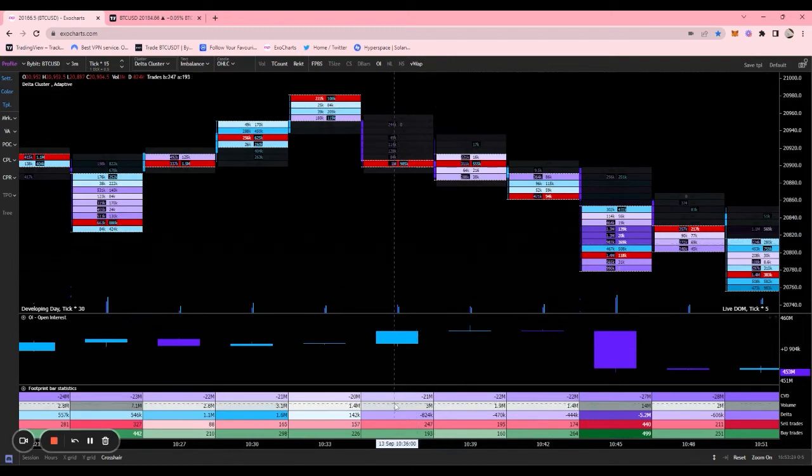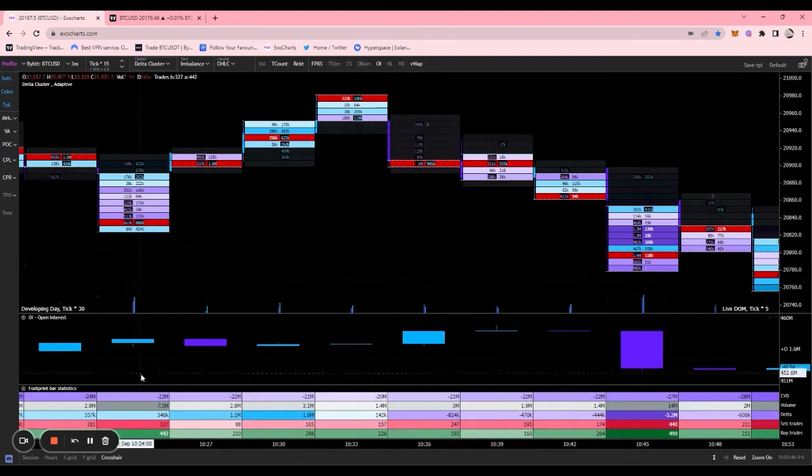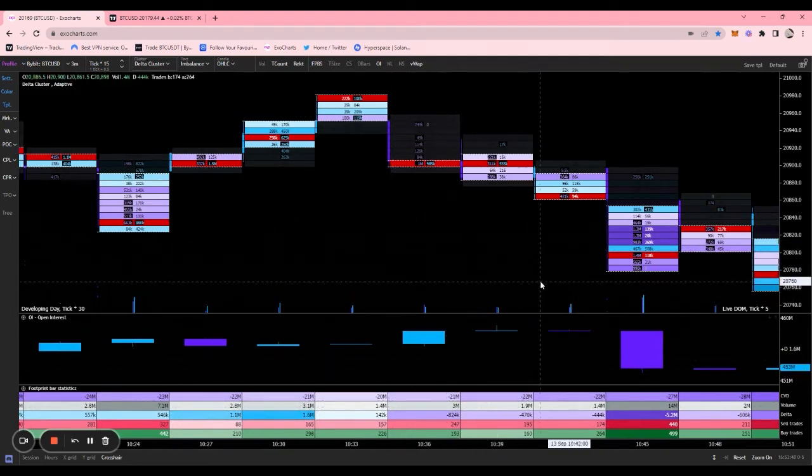Next thing here is typically you want to see more volume within this candle. In this case, it is about 3 million. However, there is plenty of negative delta in this, as you can see, it's turning that purple color. Typically you want to see a little bit more volume, that way you get a footprint bar that is highlighted in grayish color.